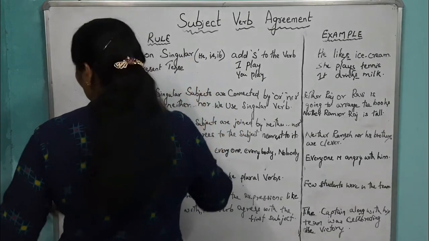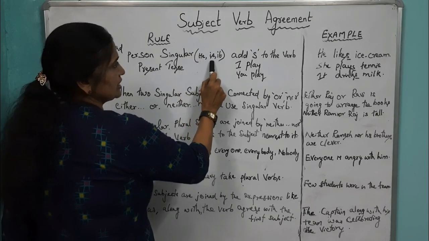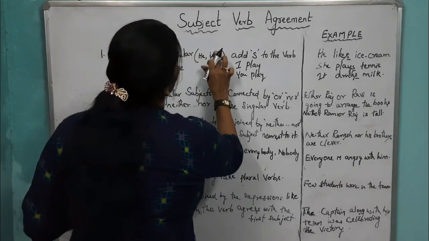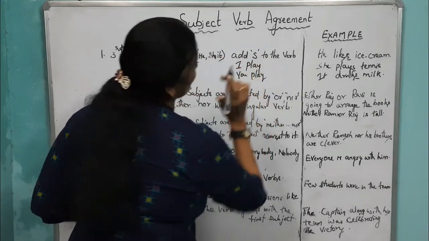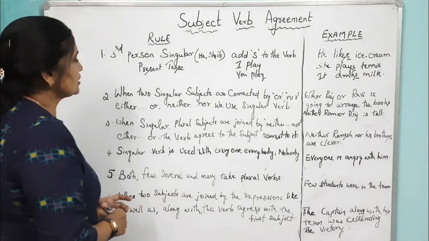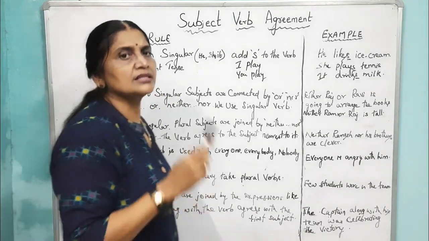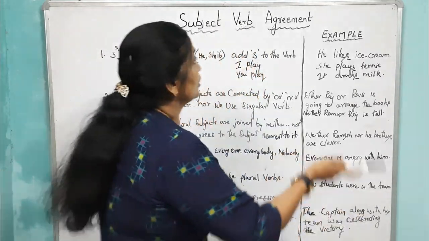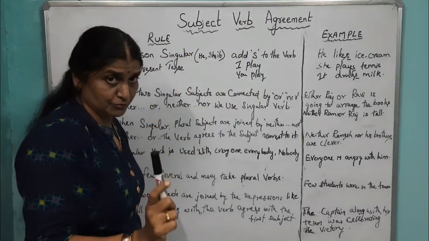So the first rule says that for the third person singular, he, she, it, in the present tense, you have to add s to the verb. I think this is very clear to you. So present tense, third person, add s to the verb. Then only the verb will agree with the subject.